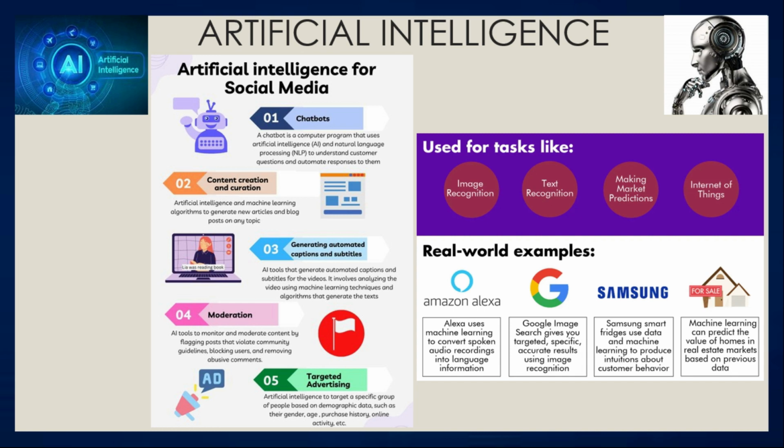Almost all industries nowadays are using AI in our day-to-day life. Even machine learning can predict the value of homes in your real estate market based on the current demand. So likewise, we are now going to see a couple of real-time examples, as I have shown you, in our upcoming videos. So stay tuned.